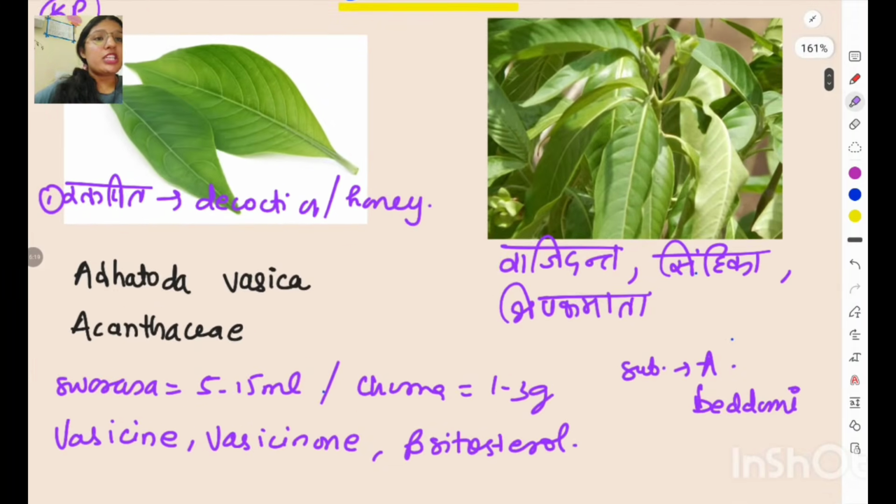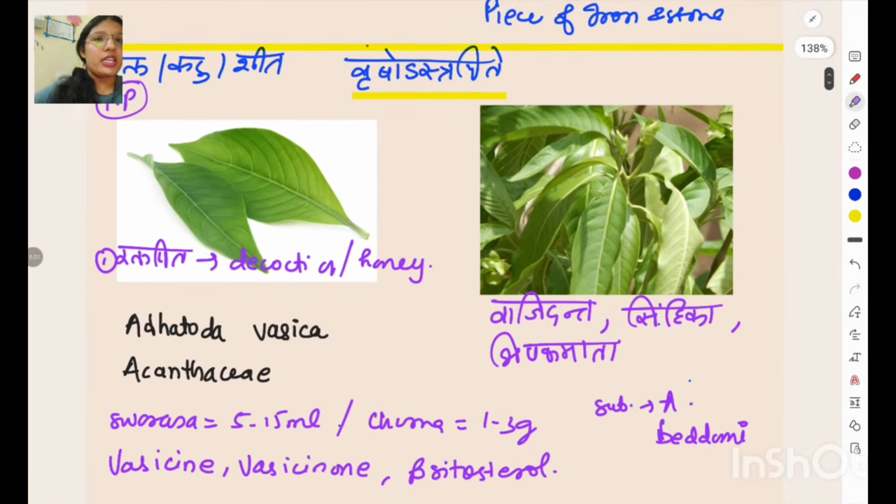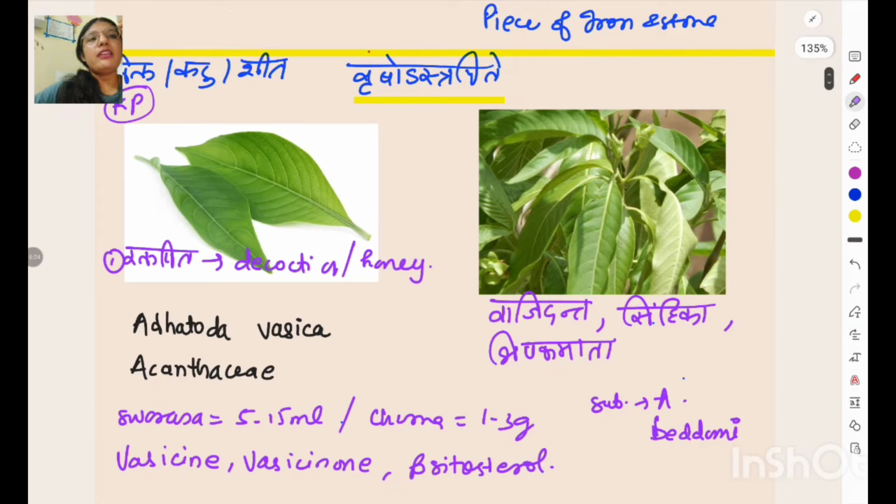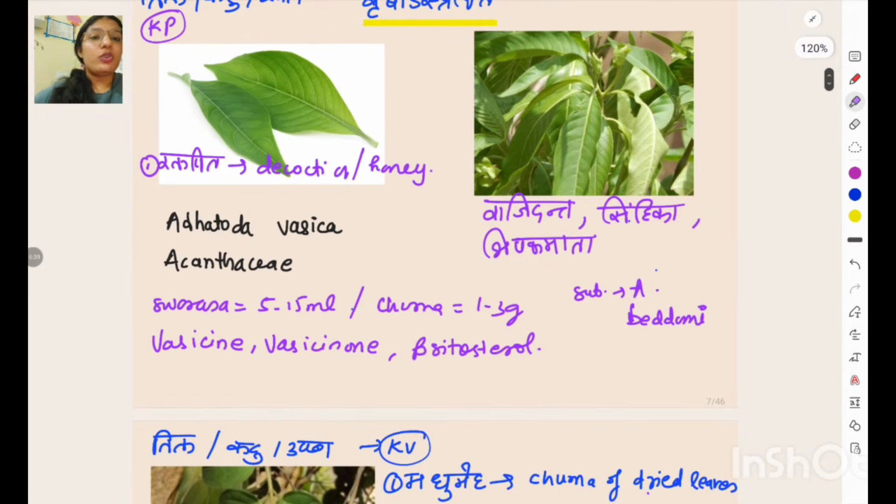Next comes this Vasa. Vasa is very important actually, and I think generally every time there will be a Vasa specimen, so don't forget the leaf of the Vasa, and it has Agrya Karma in Raktapitta. Okay, Vrisha, Raktapitta. Vrisha is a synonym of Vasa, and its botanical name is Adhatoda vasica, Acanthaceae family. All the important points I have written here.